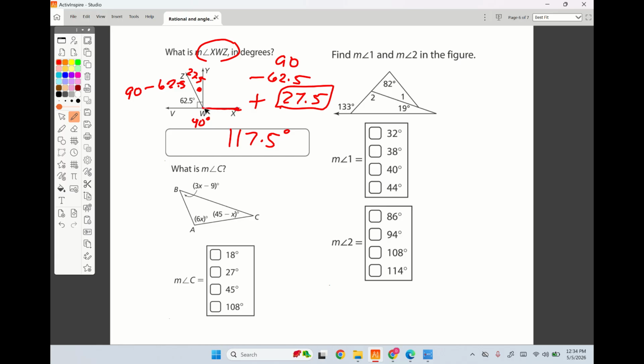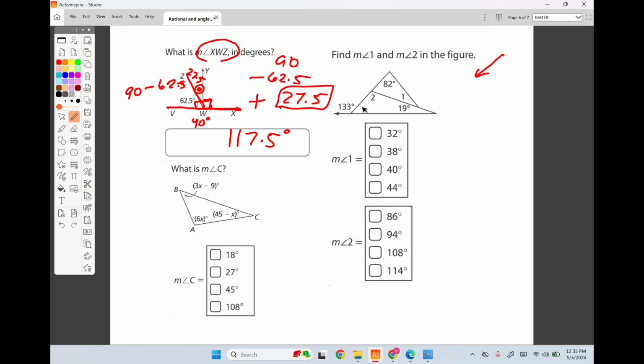And now 19 plus 47 plus that missing angle in here, which is angle 2, must be 180. So all you have to do first is add these two numbers together, which gives you 66 plus the measure of angle 2 equals 180.